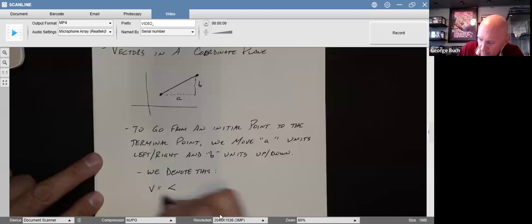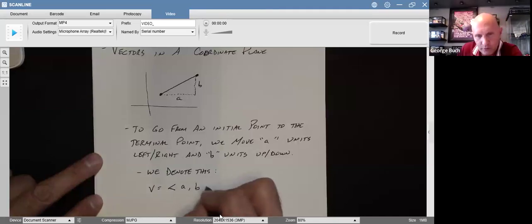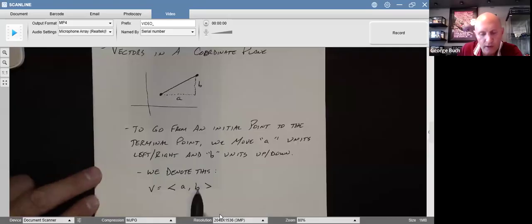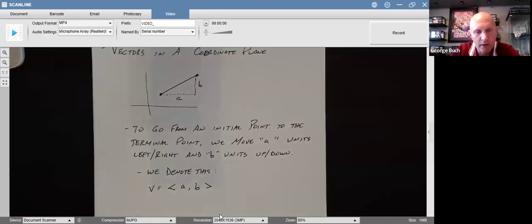So V is equal to ⟨A, B⟩, and it has these sort of little arrows on the outside. So notice it's not parentheses, it's not brackets like we've been using for things in the past. It's these little arrows. And when it has these little arrows, that's telling us, hey, this is a vector. And from our initial point, we move A units left or right, B units up or down.